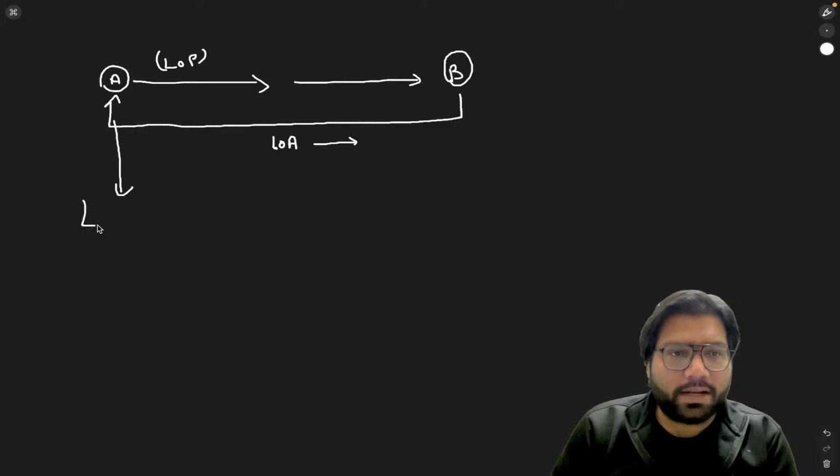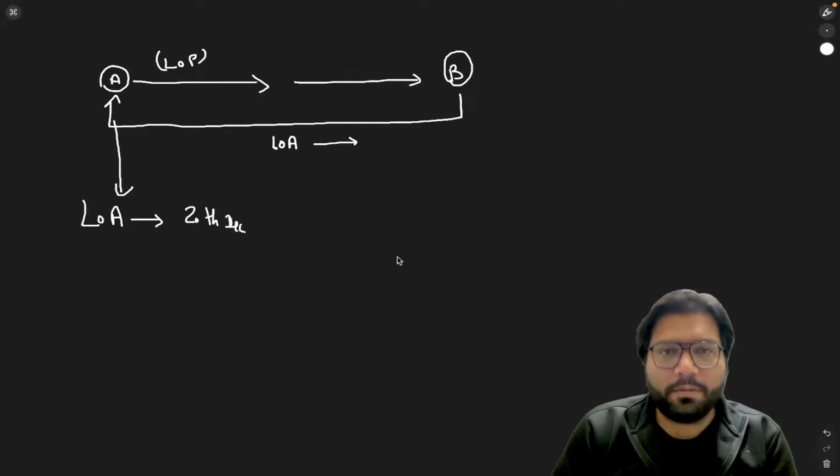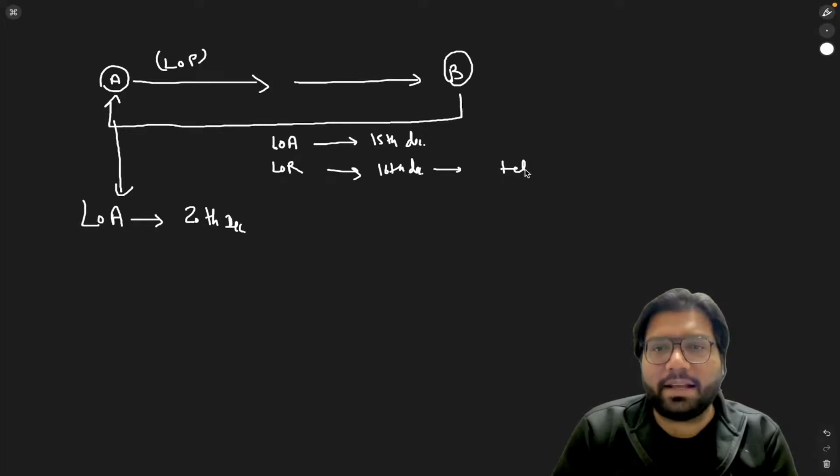Now suppose the letter of acceptance reached Mr. A on 20th December. He wrote that letter on 15th December, and he sent a letter of rejection as well on 16th December. This was basically a telegram, so that it could reach quickly.